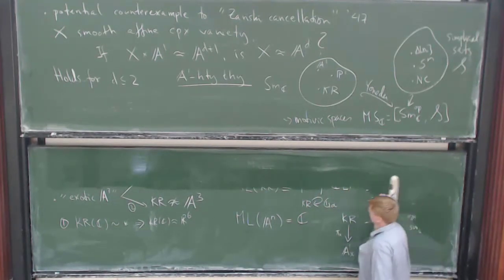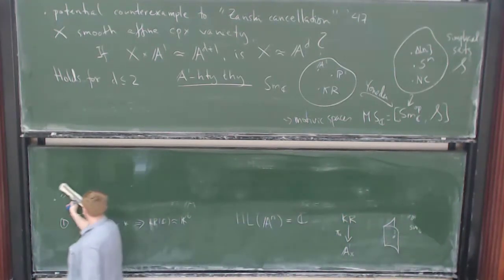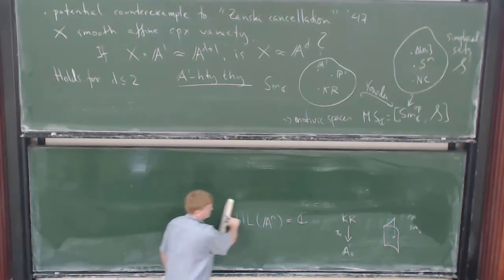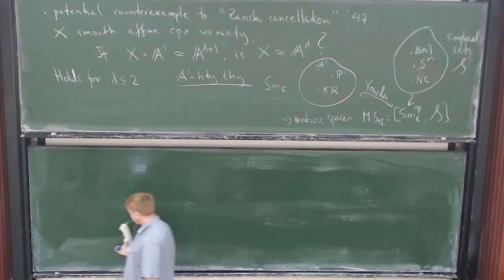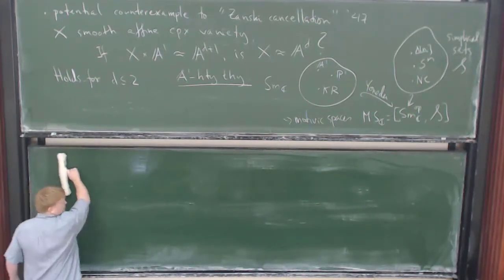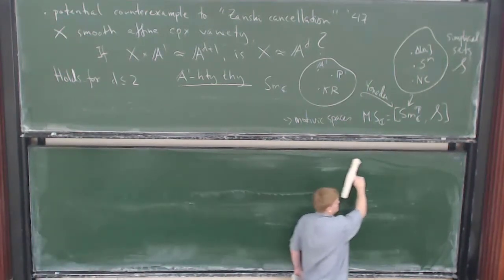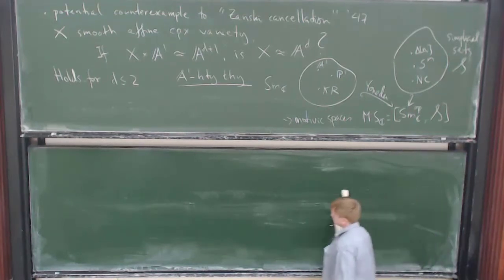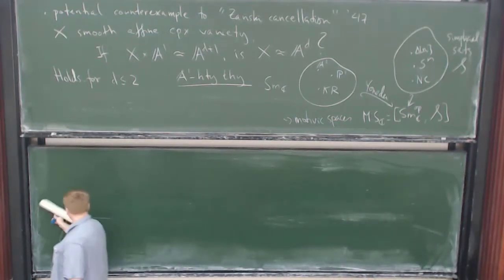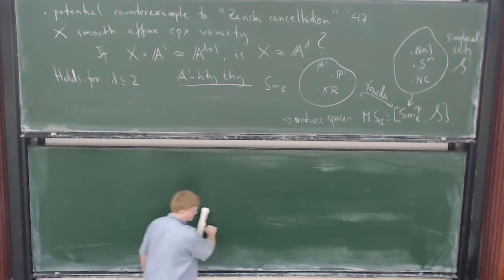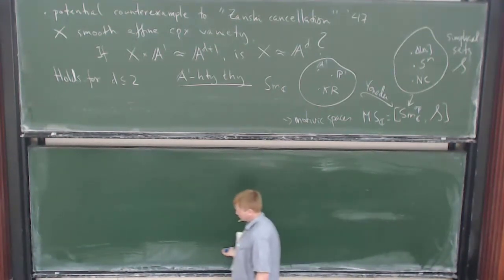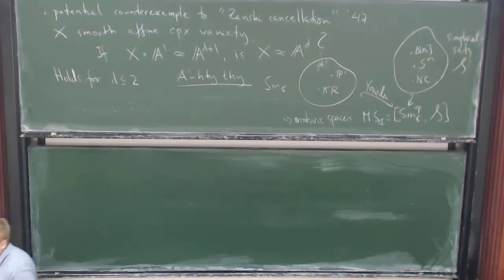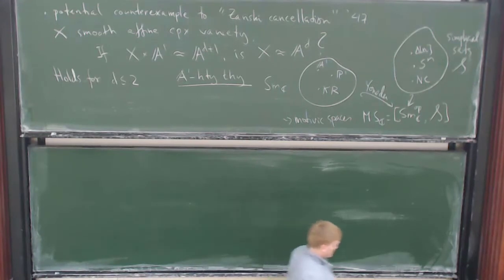Okay. So the first thing one really needs to do is to put some model structures on motivic spaces. And the first model structure, say, is what I like to think of as a sort of free model structure where the fibrations and the weak equivalences are defined pointwise.